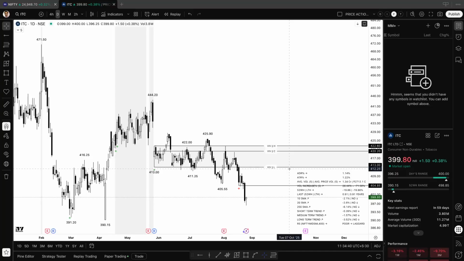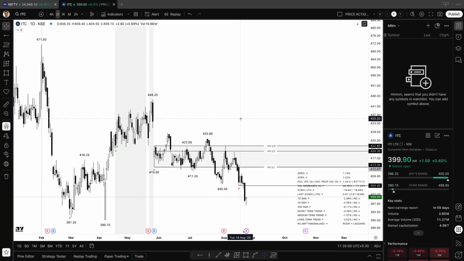These are very, very important levels, the automated levels. If you are new to the market and don't have so much understanding about price action and volume, then the VIV system will automatically help you.